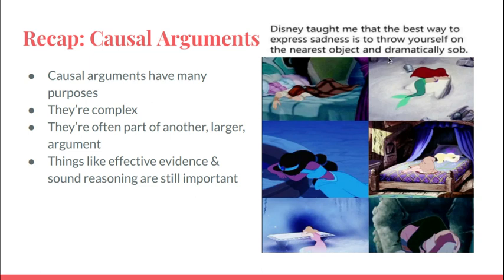So Disney taught me that the best way to express sadness is to throw yourself on the nearest object and dramatically sob. Right? The author of this particular article probably would agree and have some things to say about it, but it's still funny. All right, so that is a very brief introduction to and practice with causal arguments.